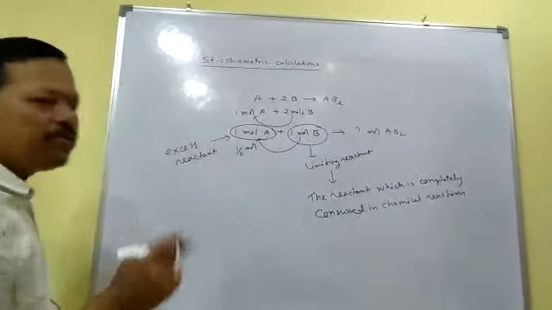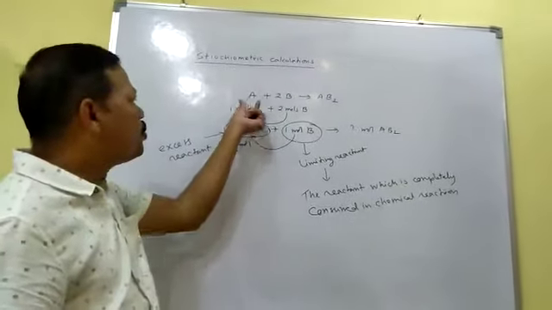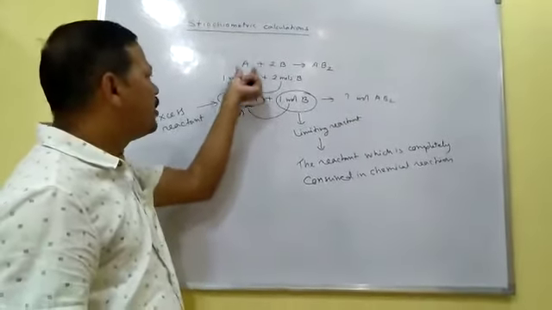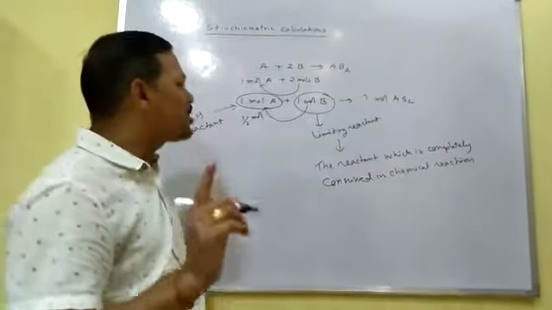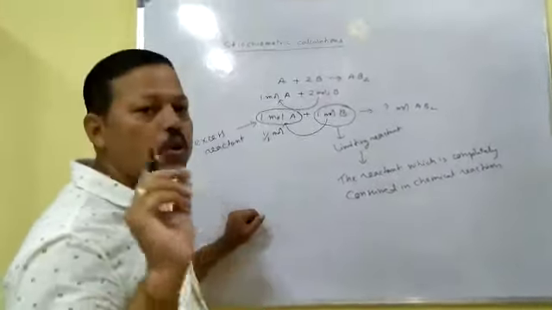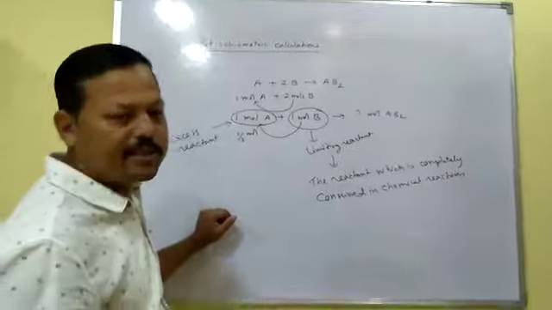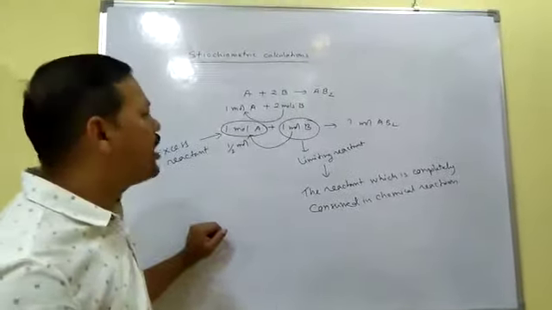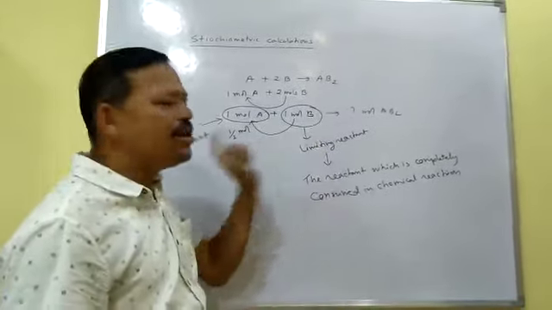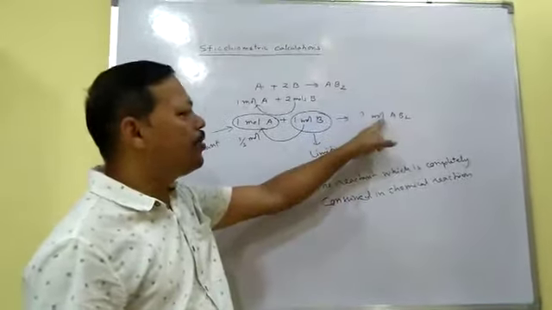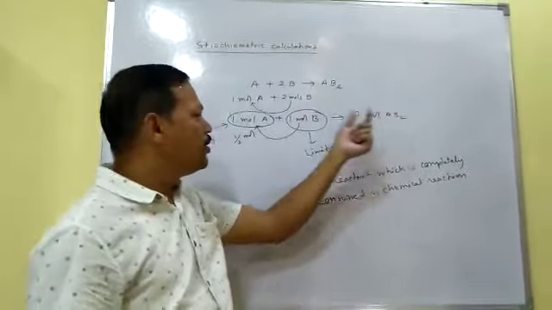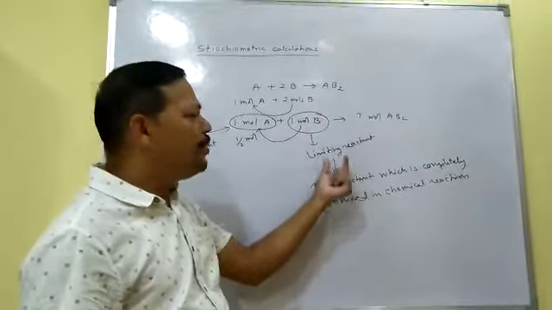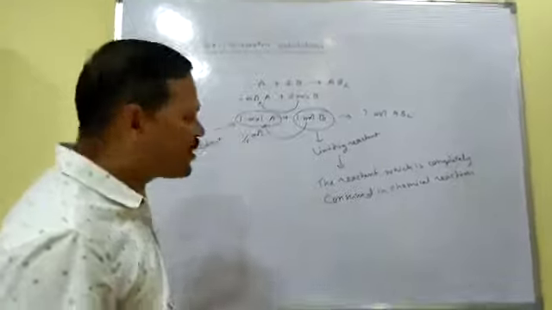That is why, in a question, if the amounts of both reactants are given, first you have to find out who is limiting and who is excess. After finding the limiting reactant, you do the calculation for the amount of product only from the limiting reactant, not from the excess reactant.